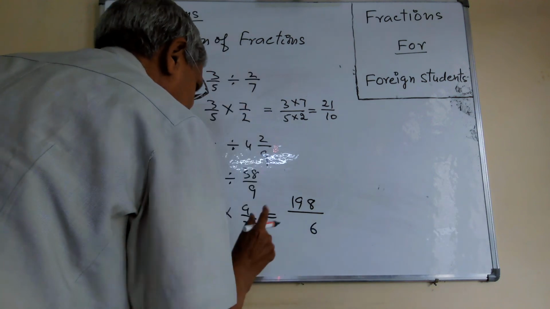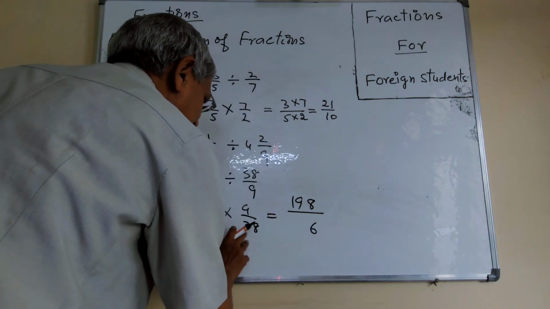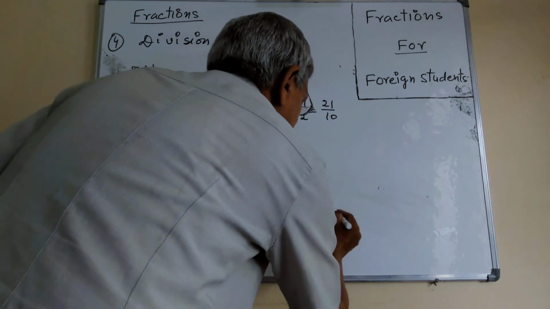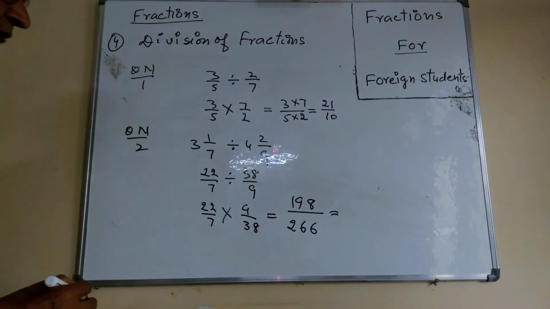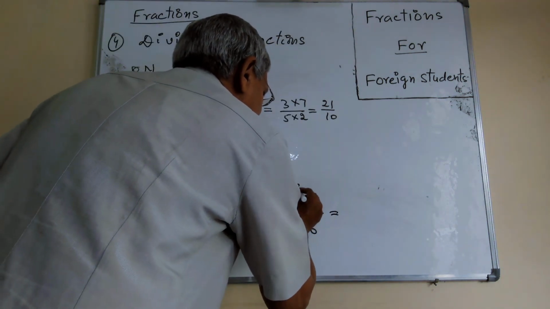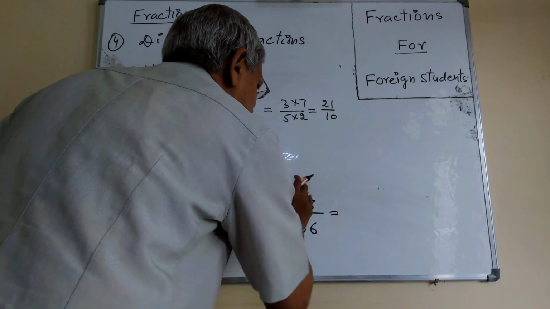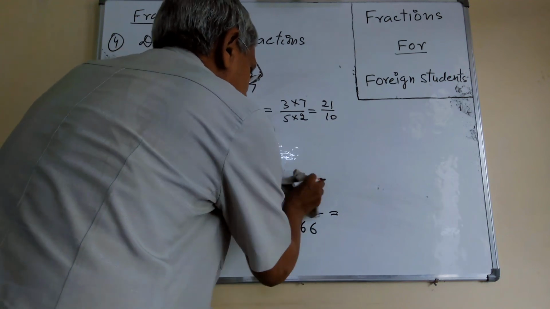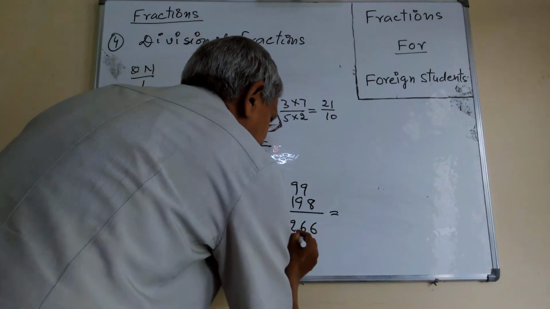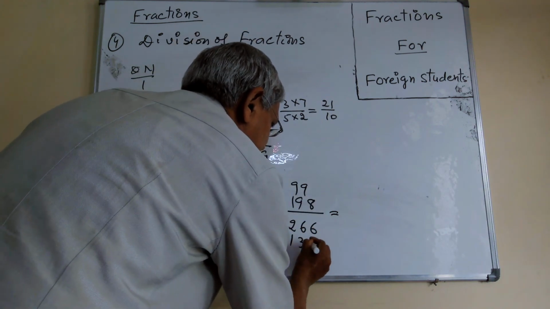7 3s are 21, 5 26, and you have to simplify this by 2. 2 9s are 18, 2 1s are 2, 2 3s are 6.